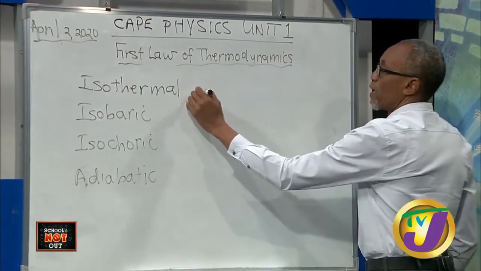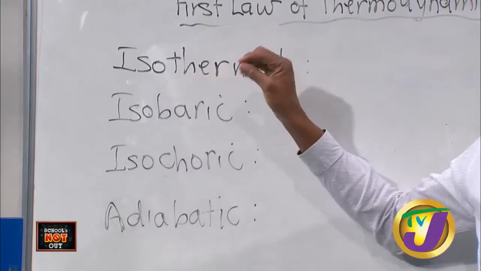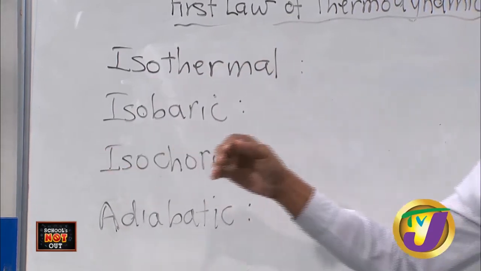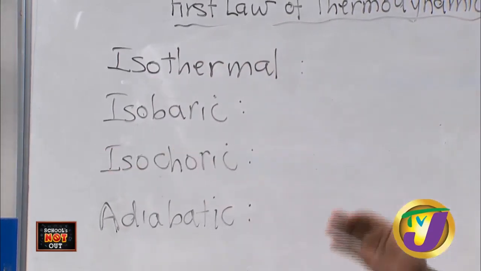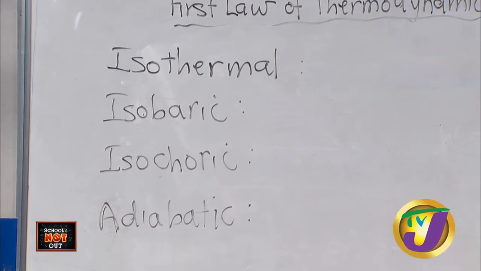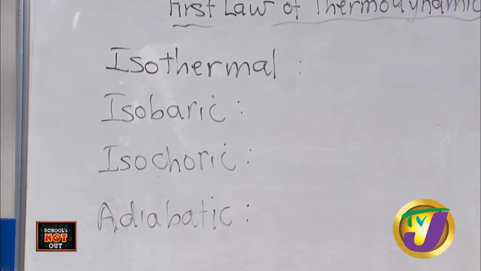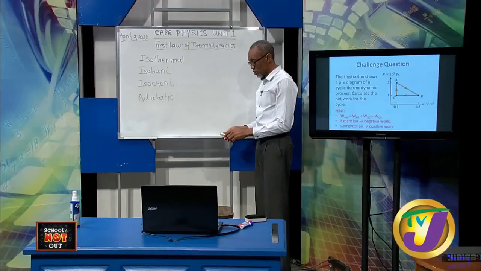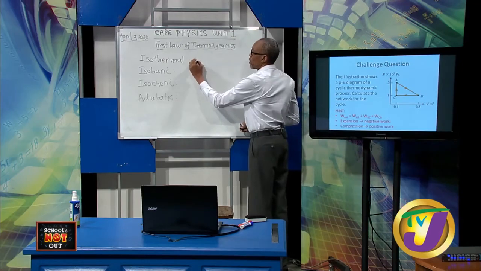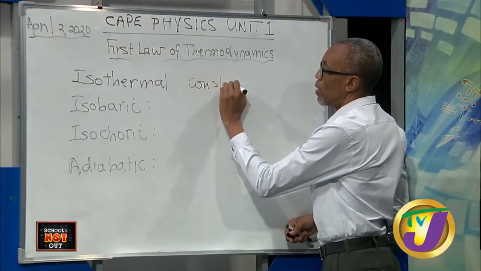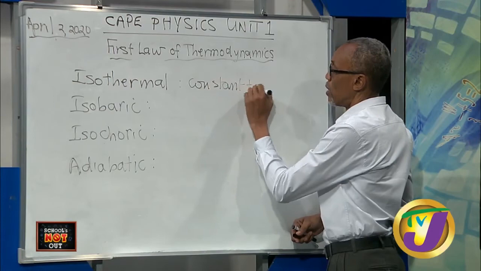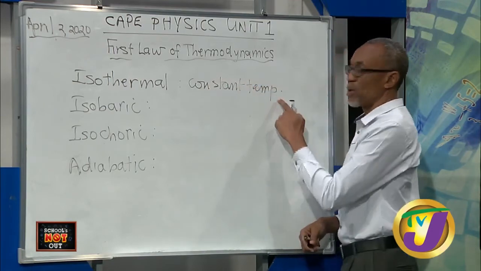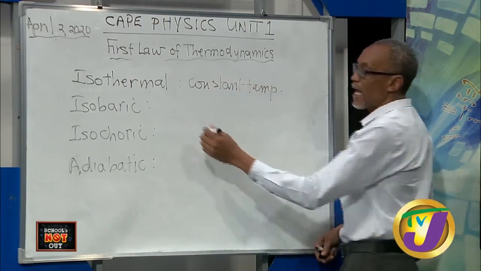All right, isothermal meaning same thermal, same temperature. So this is a thermodynamic process where the temperature doesn't change, right? So this is constant temperature change. Okay, this is an isothermal. T represents temperature. Isobaric.